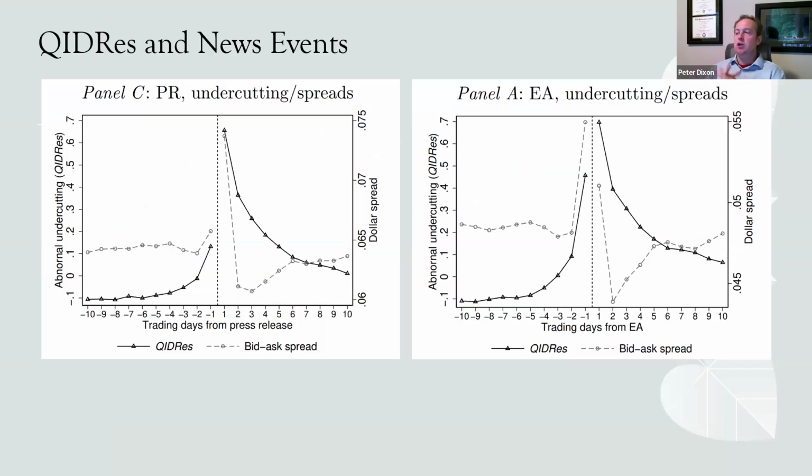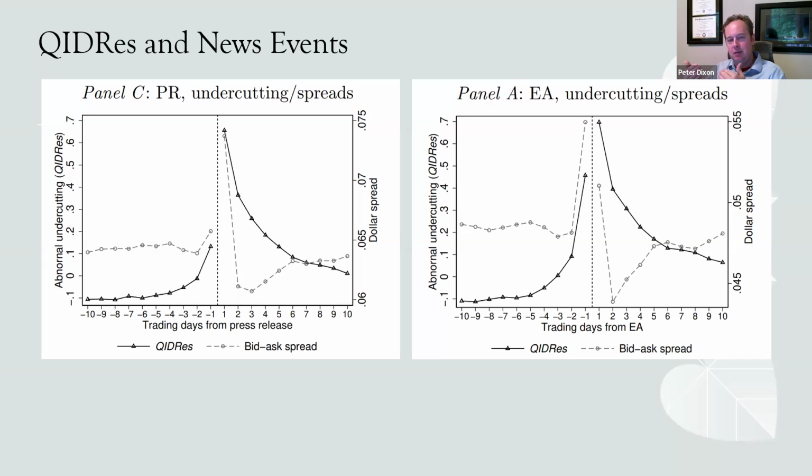So now here's what we're going to show. This is what the QuidRes measure looks like. The dark line is QuidRes, the left is unscheduled press releases, and the right is earnings announcements. In the background, in light gray, we posted the bid-ask spread, because spreads are also known to widen around these time periods.